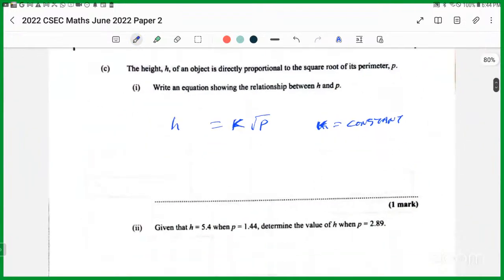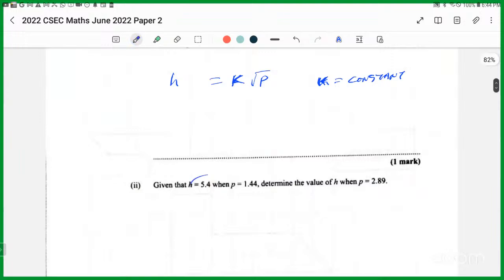All right. Then it says, given that h equals 5.4 when p equals 1.44, determine the value of h when p equals 2.89. Now, this one is not asking us to find the k. I told you that there are some questions that don't need to find the k. k is a constant. I'm going to do this method where we don't find the absolute value of k. So from this expression, we make k the subject by dividing by the square root of p.